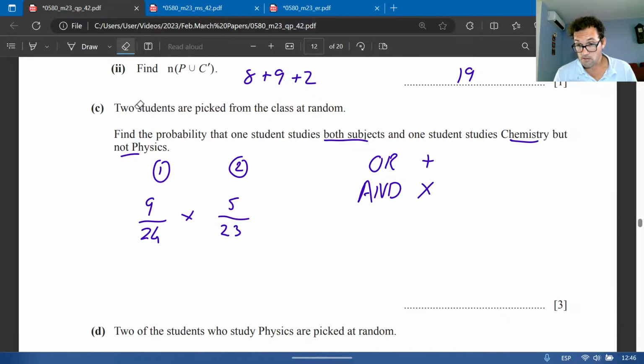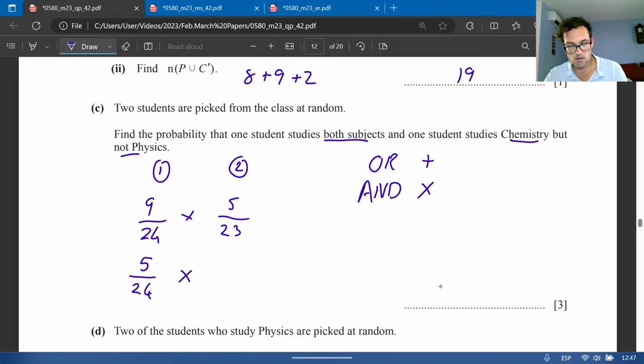Okay, but we're not done. Alright? Because something else might happen. We might pick this student first, the one that only studies chemistry. So that means it's 5 out of 24. Yes, 5 students that study chemistry, there's 24 students.